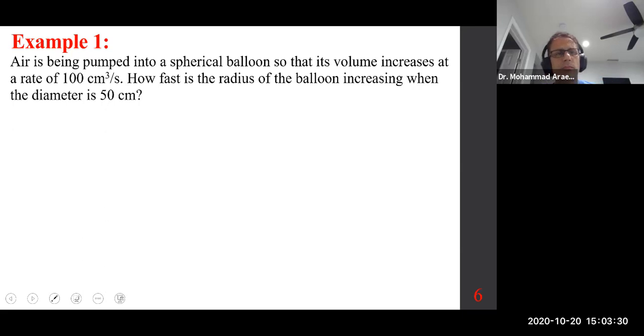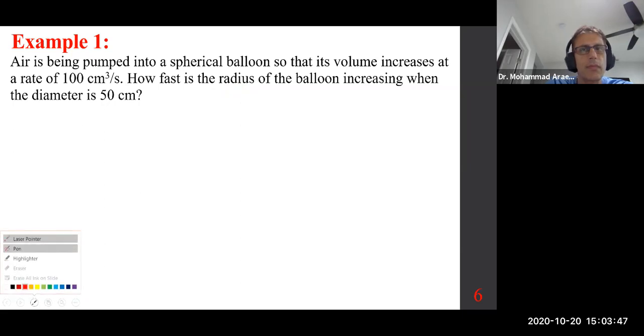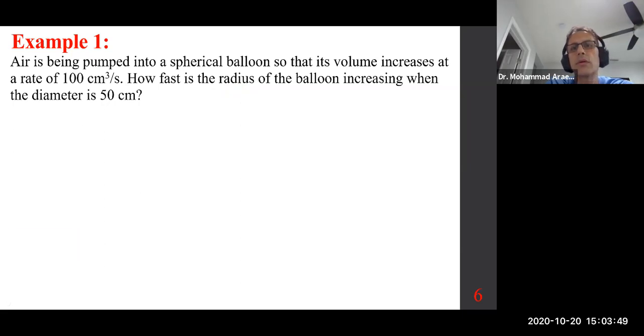The very first thing is we are looking at a spherical shape, and we want the volume to be related to the radius, which means we have to find a relationship between the two.